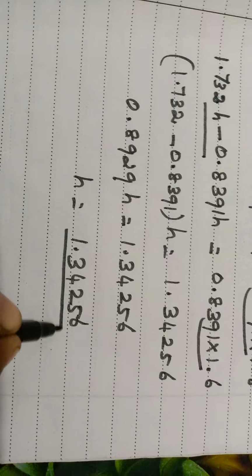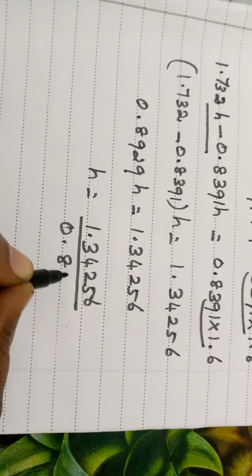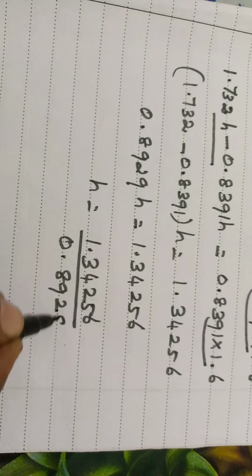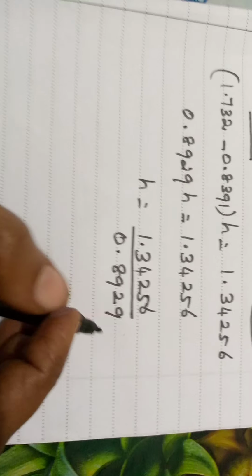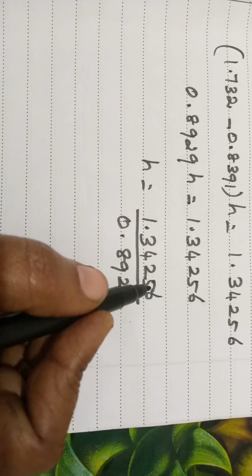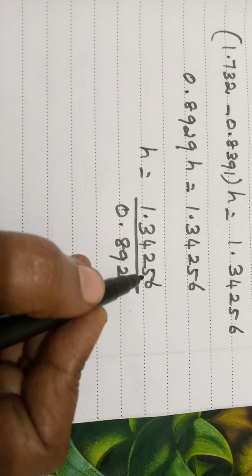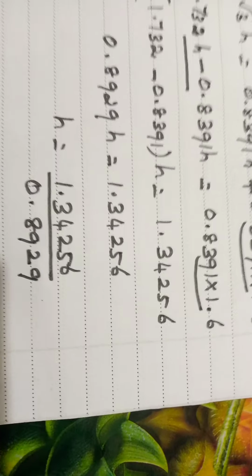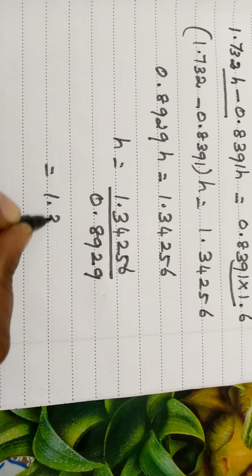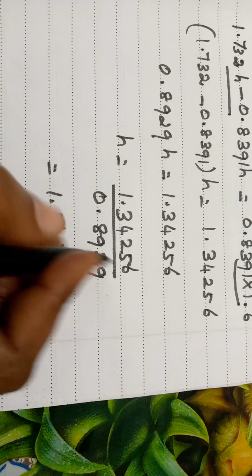From here, height is equal to 1.34256 divided by 0.8929. Okay. So to cancel this, here also 256 is there, no? So it can be written 1.342.